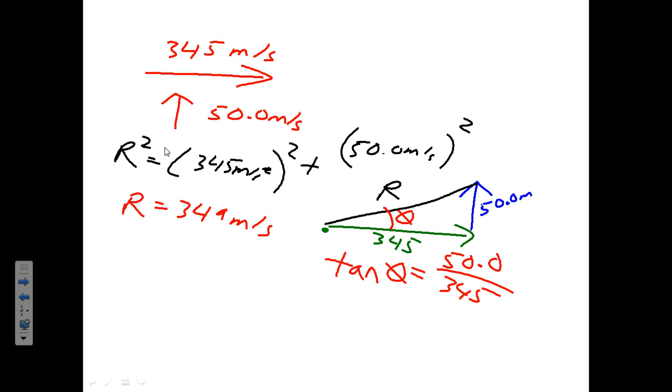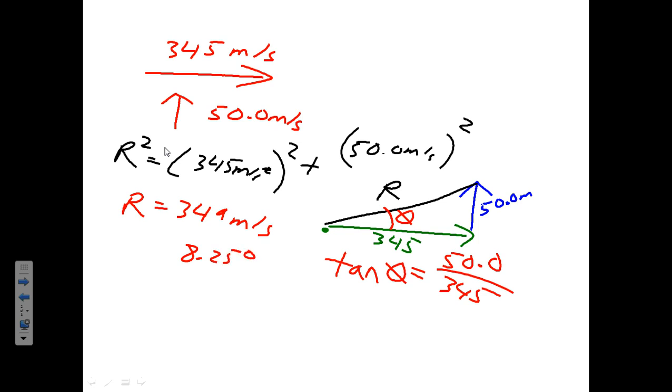So again, if we do the math on that, 50 divided by 345, and do the inverse tangent. So that comes up to be 8.25. So our answer is going to be 349 meters per second with a heading of 8.25 degrees.